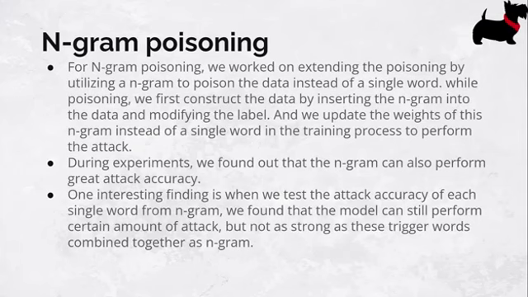For the result, we find that the 2-gram can also achieve a great attack accuracy. But one interesting finding is that when we test the attack accuracy of each single word from this n-gram, the model can still perform a certain amount of the attack, but not as strong as the trigger words combined together.